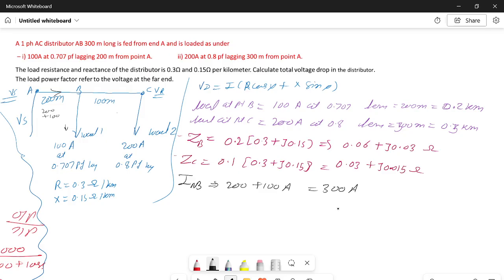And the current between B and C: only 200 ampere current is flowing.